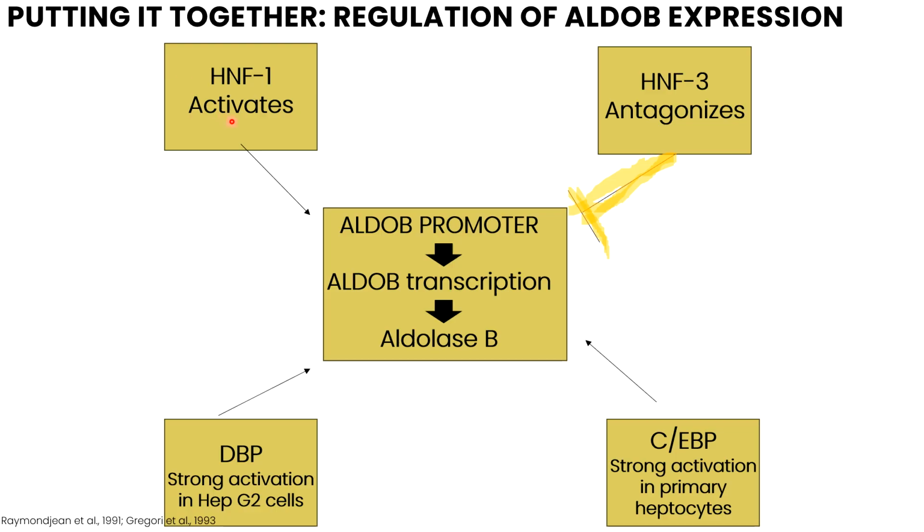HNF1 can strongly activate transcription. HNF3 can antagonize that activation. DBP and CEBP can contribute to activation under different cellular contexts, but together all of their interactions explain how expression of the Aldolase B can be regulated in a tissue- and cell-specific manner.